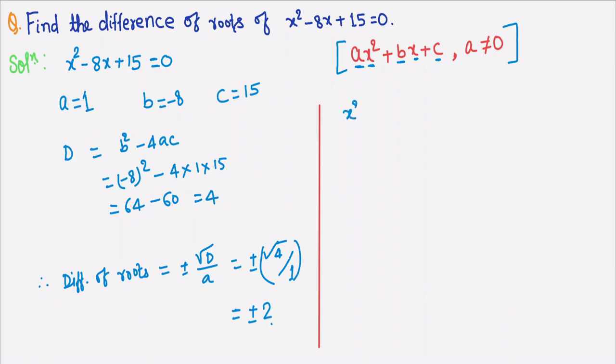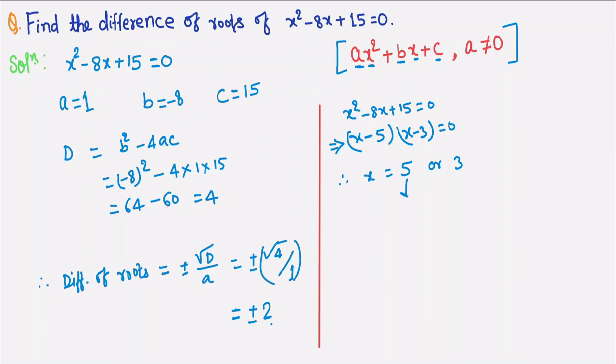When you solve it using factorization or any other method, this will be written like this: x minus 5 into x minus 3 is equal to 0. So x is equal to 5 or 3. Here I have directly written it, so don't worry.